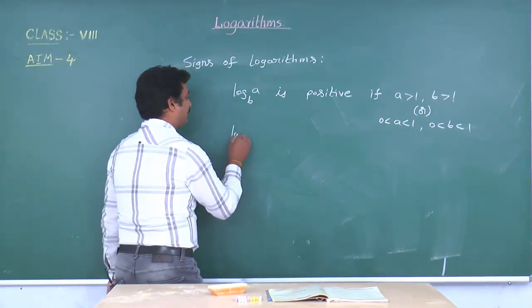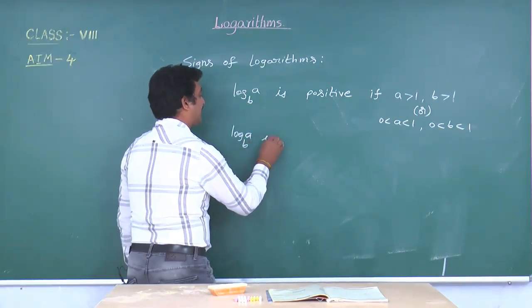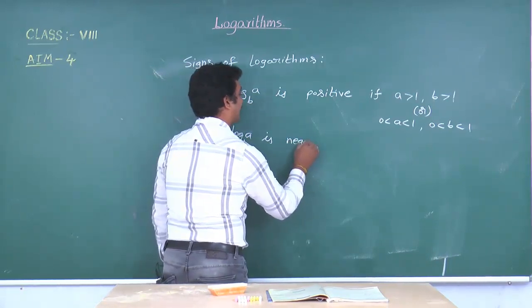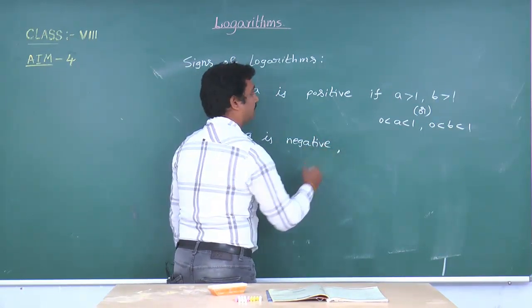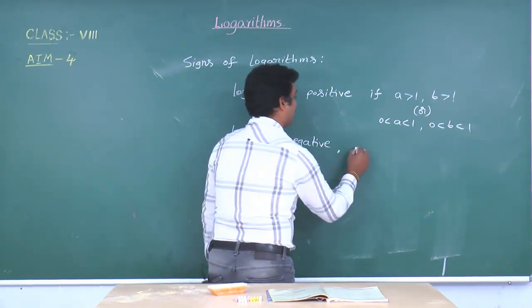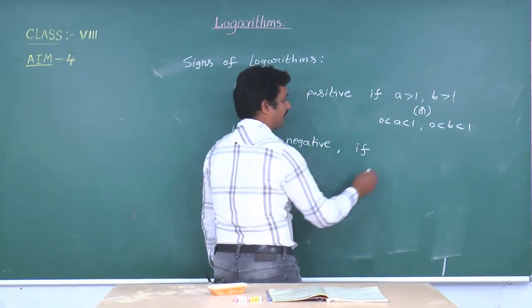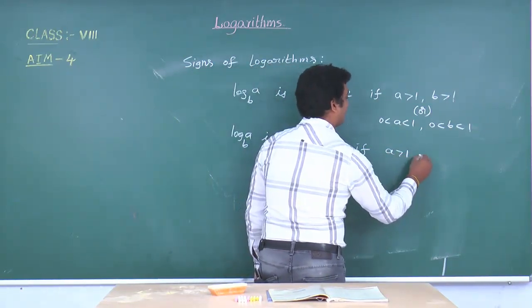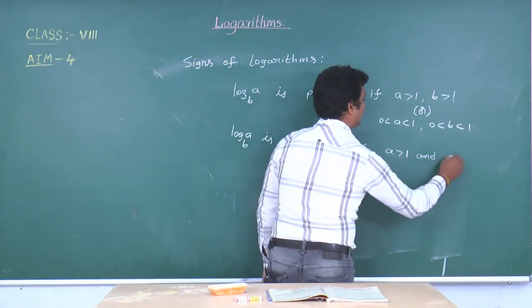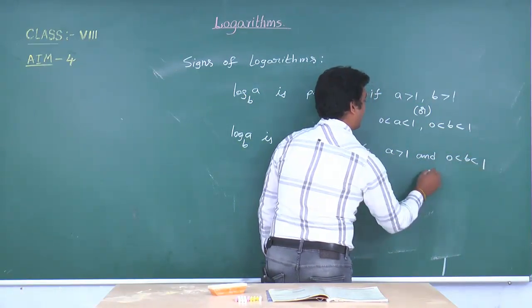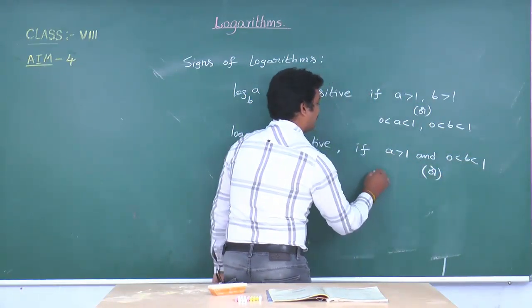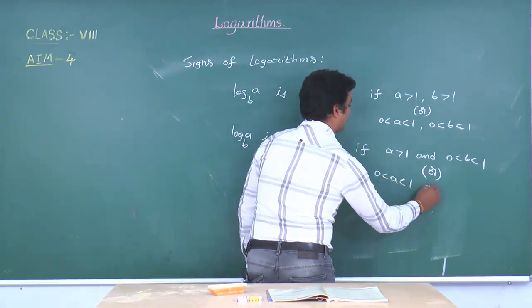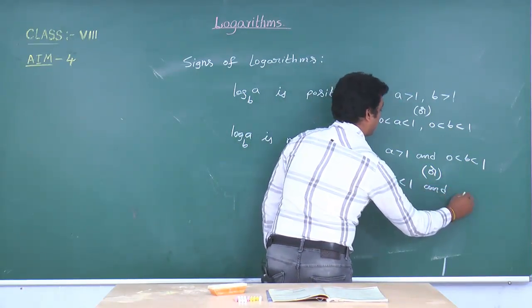Log a to the base b is negative if a greater than 1 and 0 less than b less than 1, or 0 less than a less than 1 and b greater than 1.